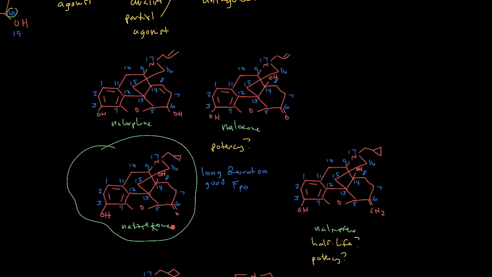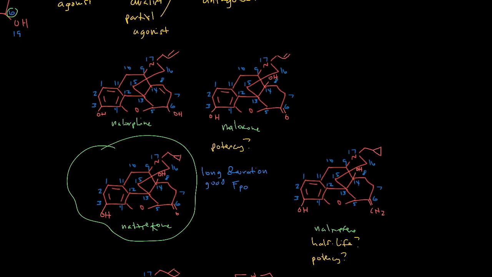Naltrexone is a prototype. I put it in the green cloud. It has your ketone at the 6th position and your 14 position hydroxyl. Based off the 20 position, the carbons attached to the 17 position amine, the nitrogen, is this an agonist, antagonist, or dual agonist?